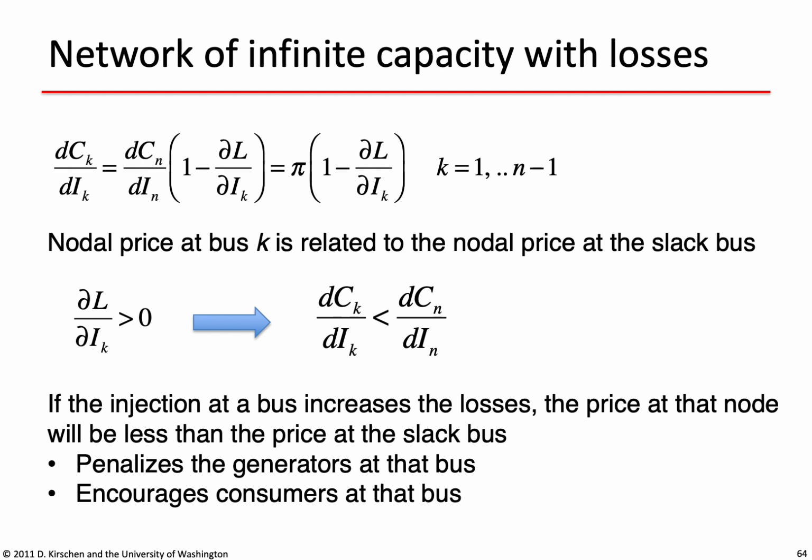That means that the generators will receive a lower price at bus k than they would at the slack bus, and that consumers would be paying a lower price at bus k than they would at the slack bus. Essentially, it penalizes the generators for producing at a bus that increases the losses and encourages consumption at a bus where reducing the injection, so increasing the load, would reduce the overall losses in the system. In this case, reducing the losses increases the global welfare.